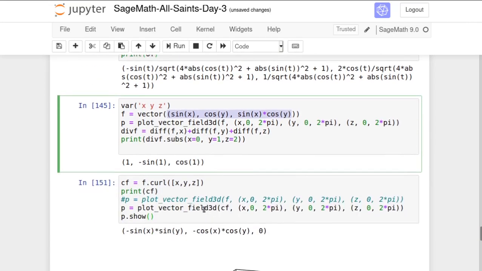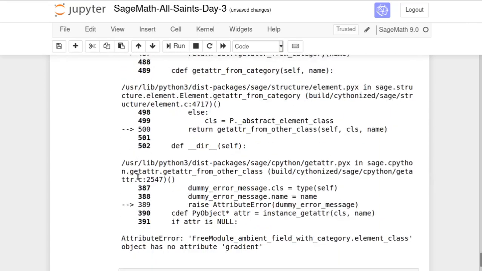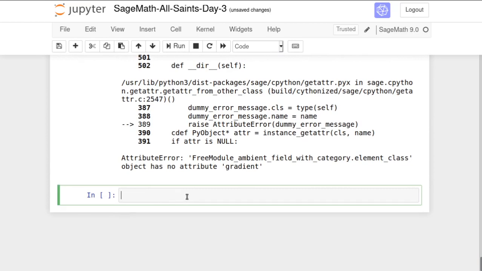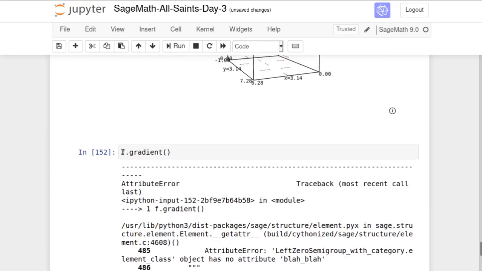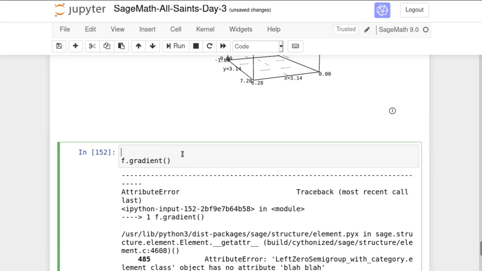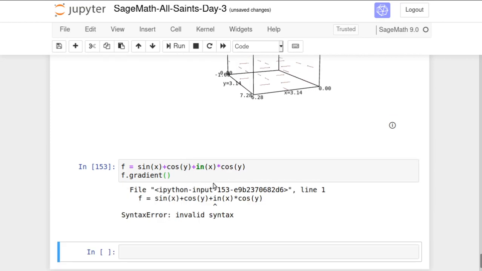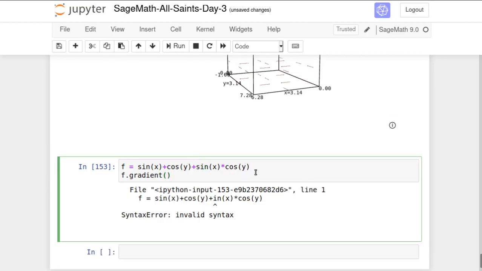So I need to redefine it. Let me define f of x, y, z, a three variable function, equal to sin x plus cos y plus sin z.